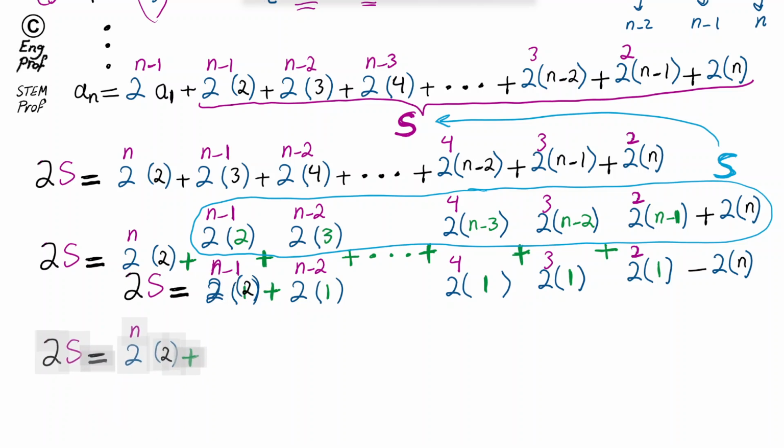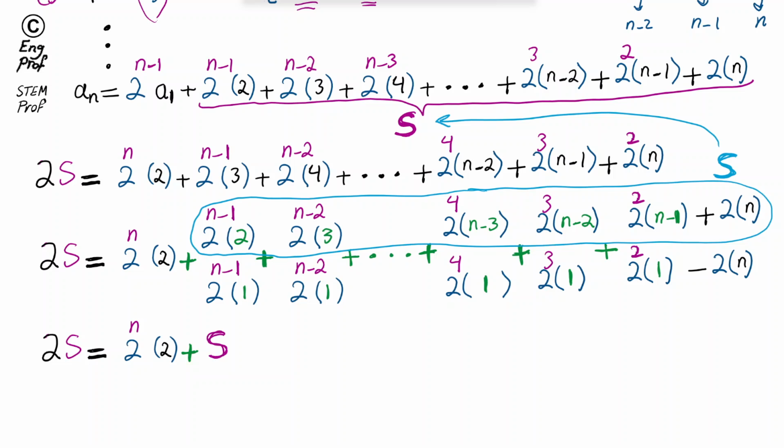Okay, so 2 times S is equal to, so I'm not going to touch these for now, but then I'm going to replace all the stuff that are encircled with blue color shown as S. I'm going to write it as S. There you go. And then the rest of them, I am going to keep them. So let me just keep the rest of them, these that are not there yet.